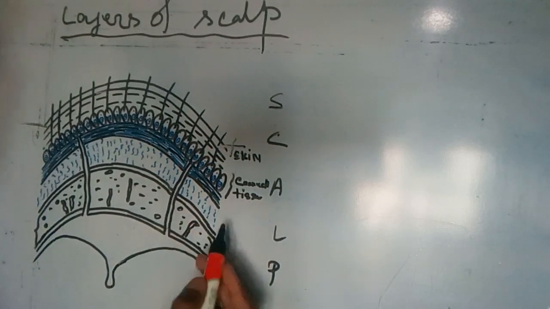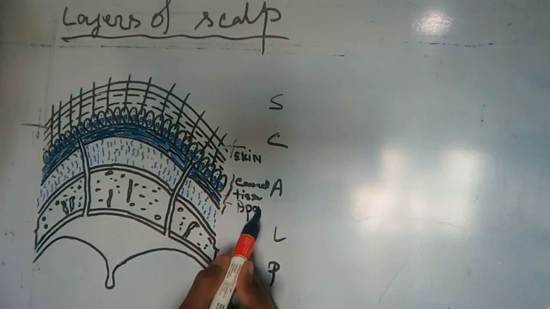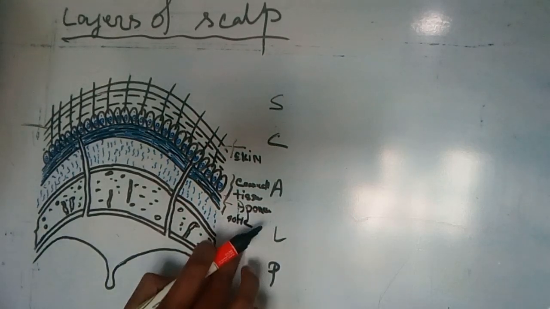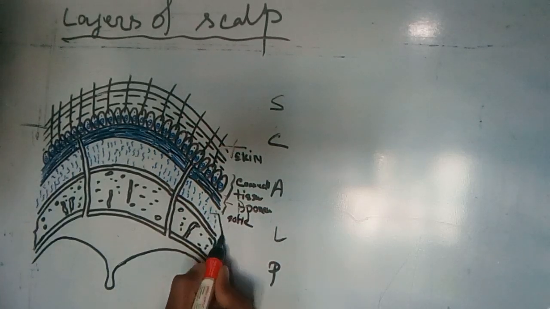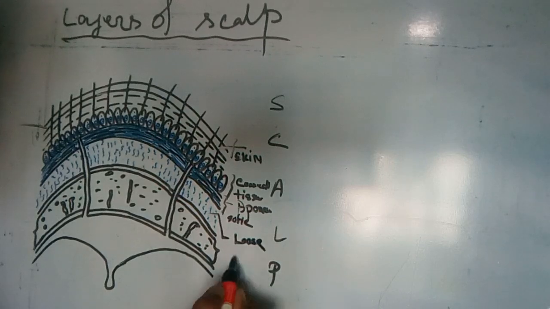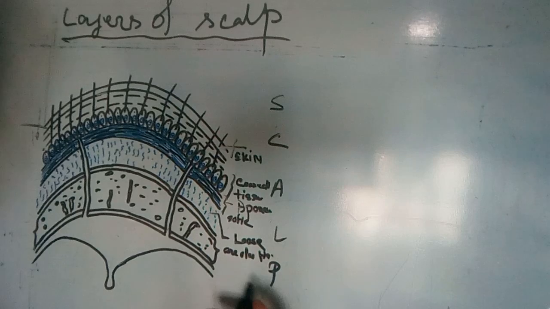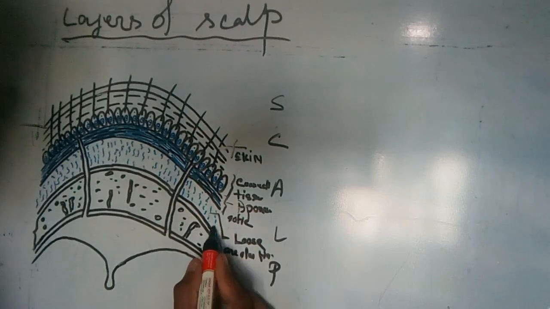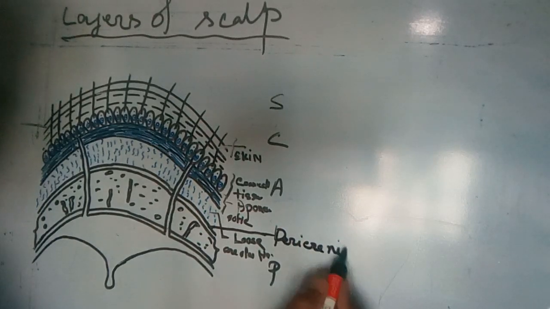This is the loose areolar tissue, and this layer is the pericranium.